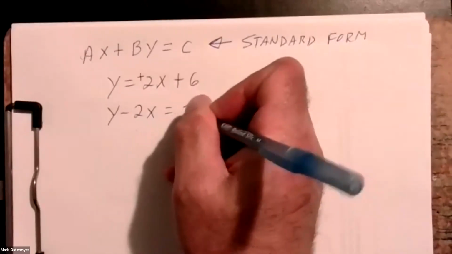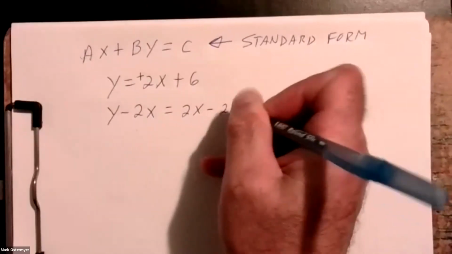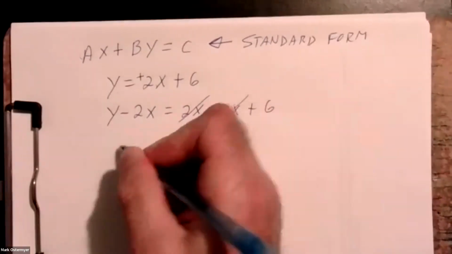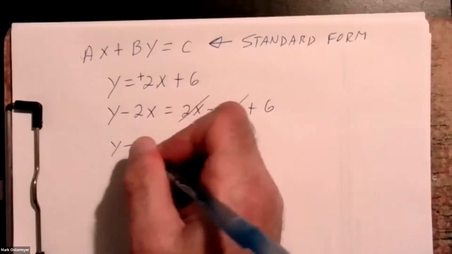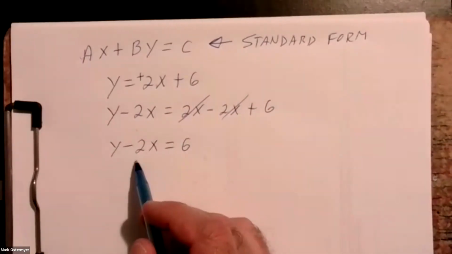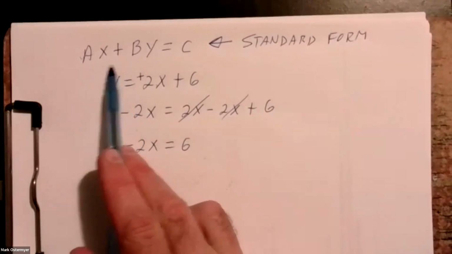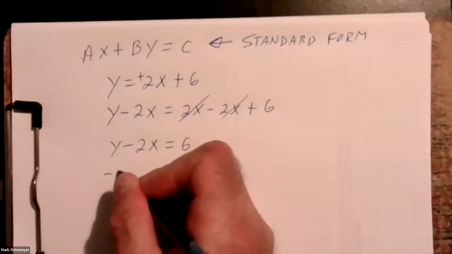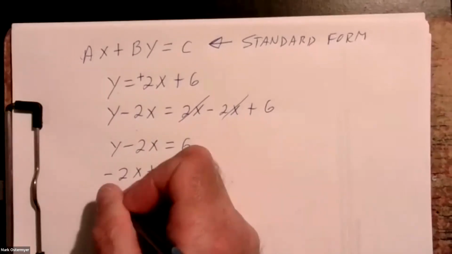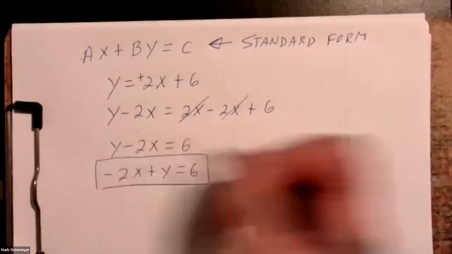So we will have to subtract 2x from the left, and we're going to subtract 2x from the right. This step is showing that. The 2x's on the right drop out, and we're left with y minus 2x is equal to 6. Rearranging these terms to get it into the strict form of ax plus by equals c, I have negative 2x plus y equals 6. This we now say is in standard form.